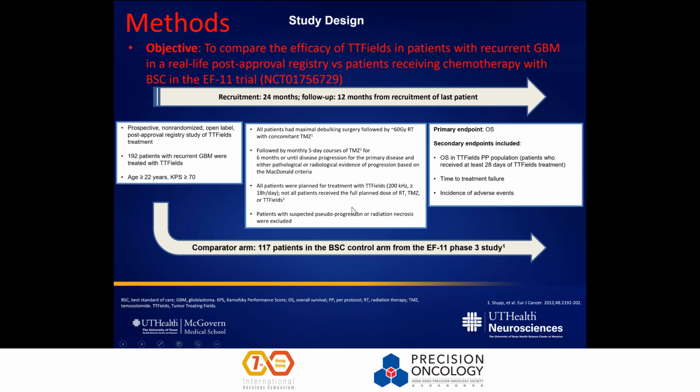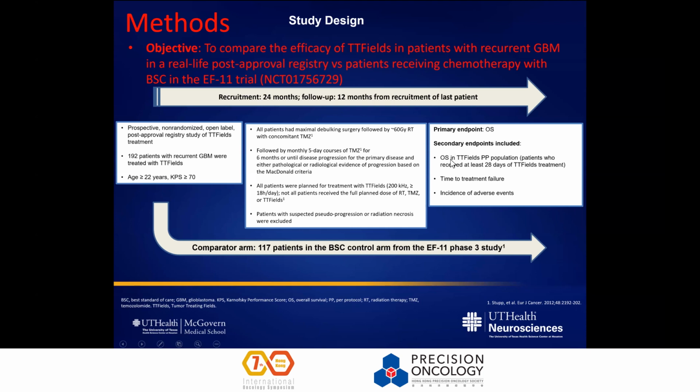Obviously, not all patients received the full planned dosage of RT, TMZ, or TTF. Patients with suspected pseudoprogression or radiation necrosis were excluded. The primary endpoint of the EF19 is overall survival.